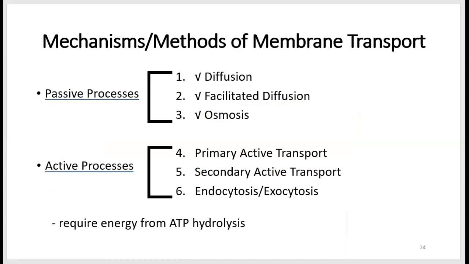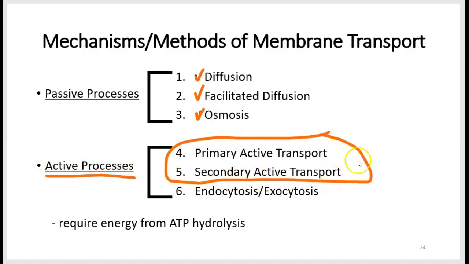Okay, so we've talked about the passive processes: diffusion, facilitated diffusion, and osmosis. We've done that. Check, check, check. Now we're going to look at active processes. And really there's 2 that are true membrane transport processes.